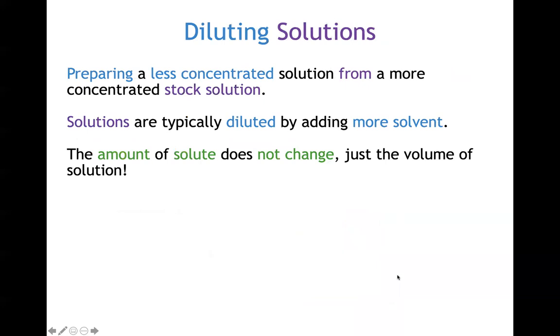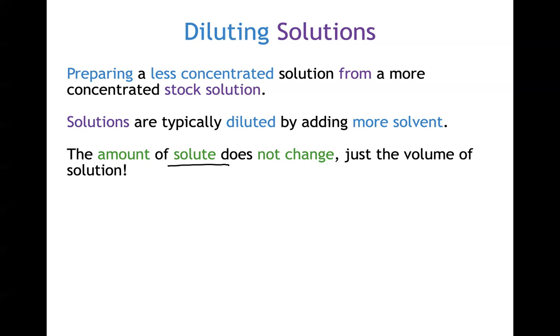All right, so we could prepare a less concentrated solution from what we call a stock solution. A stock solution is basically the more concentrated solution. We could dilute it by adding more solvent, right? We're really not changing the amount of solute. The amount of solute is the same. We're just adding more volume of solvent, right?